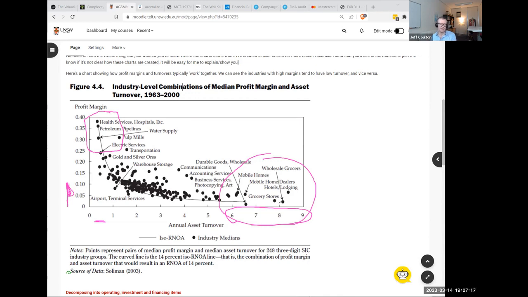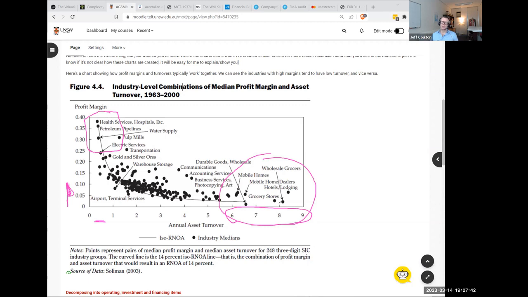So I expect a high level of sales, and remember, this is for each dollar of assets when I take the snapshot that the balance sheet is taken on. Now, the flip side of that is I'm prepared to take a low profit margin because it's a volume-based business. So these two things tend to work in opposite directions.